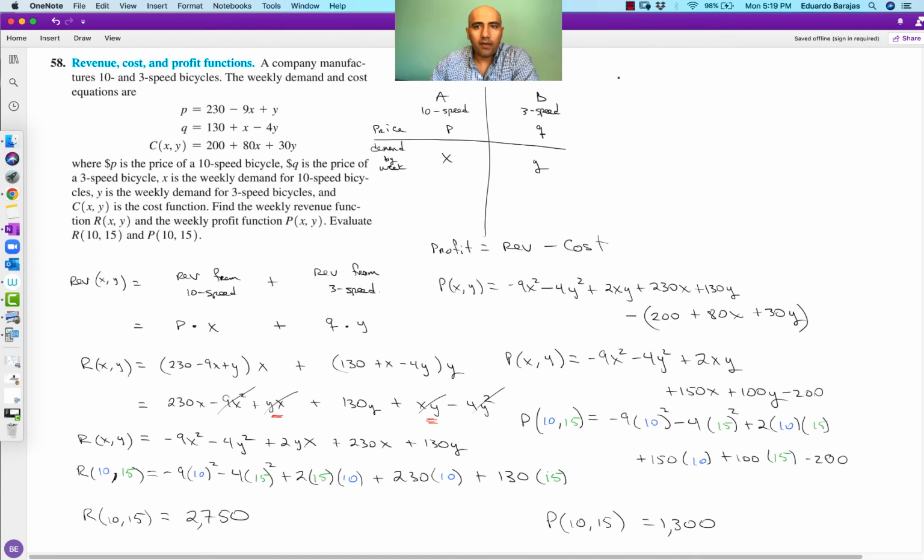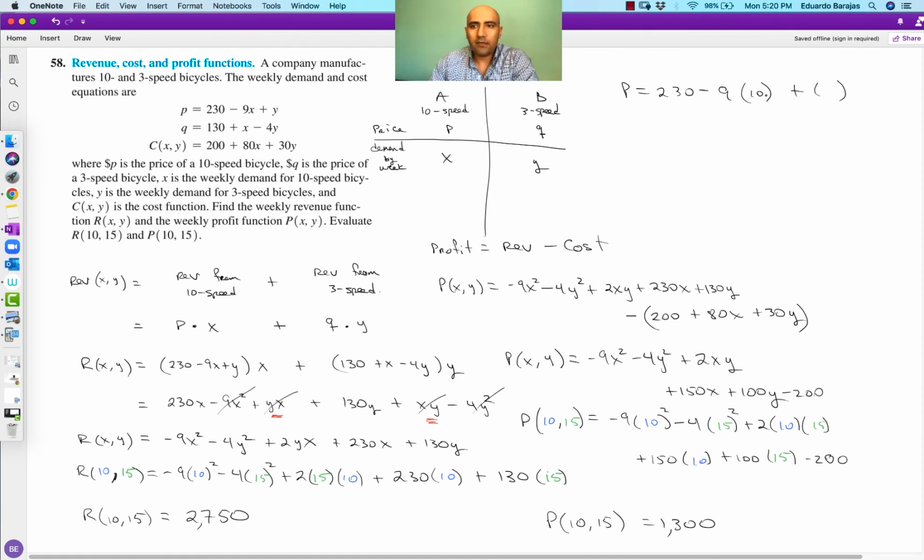So P equal to 230 minus 9 times X, which is, let's say it's 10. Put that there, plus blank.